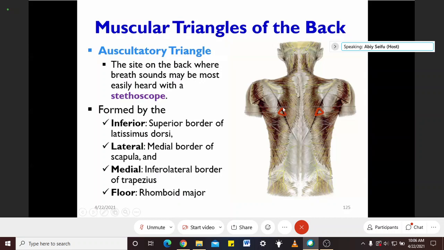The lateral border is formed by the medial border of the scapula, the bone itself. And the rhomboid major muscles form the floor. You see, the rhomboid major is a thin muscle. Therefore, it allows us to hear the sounds of the lung at this point when you are breathing.